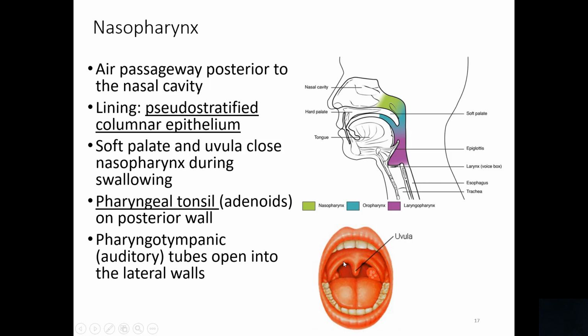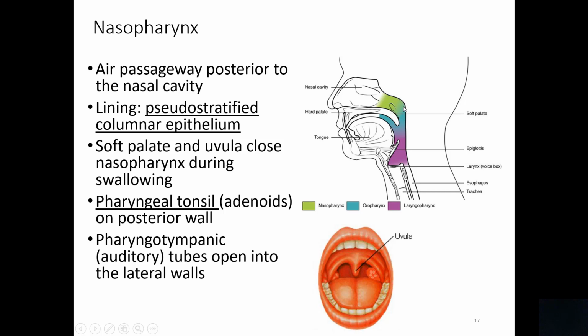When we swallow, the soft palate and uvula go up right here, and they close the nasal cavity, so our food and water wouldn't go into the nasal cavity. That could happen if we try to drink, for example, when we are lying in bed. So the soft palate and uvula close the nasopharynx during swallowing.